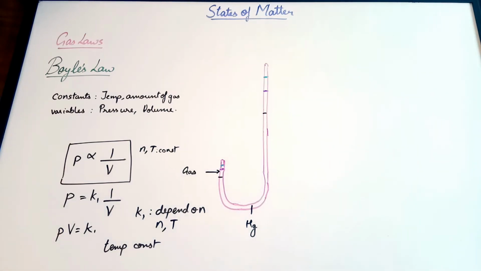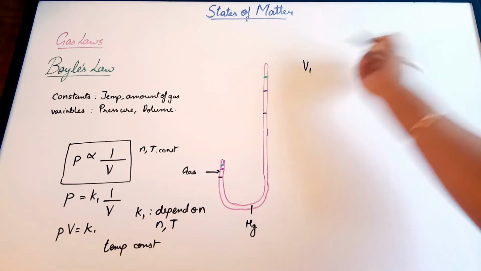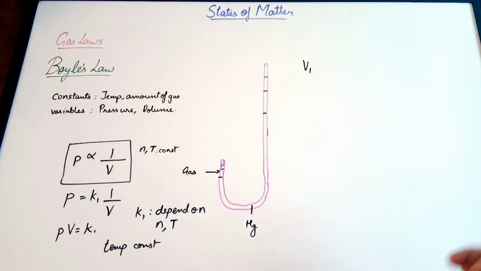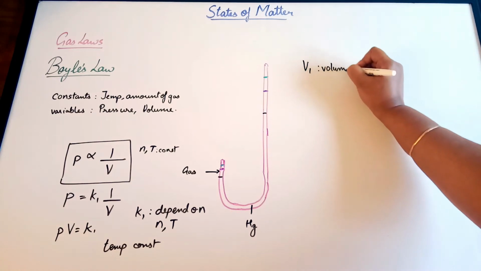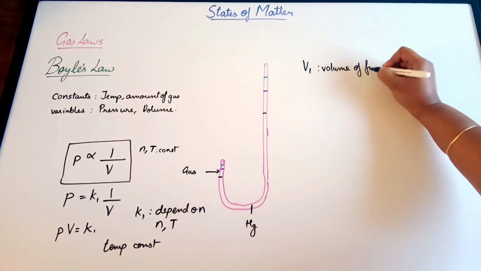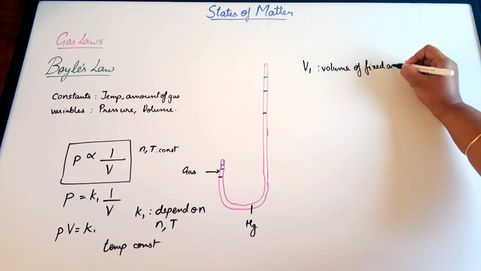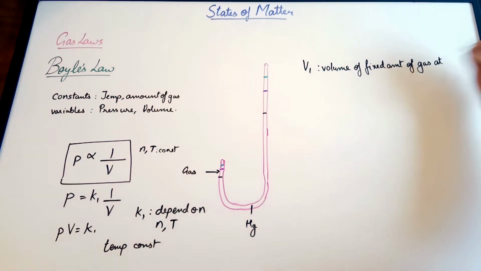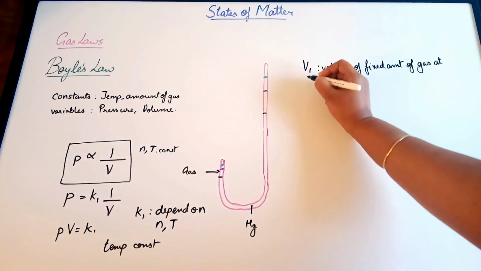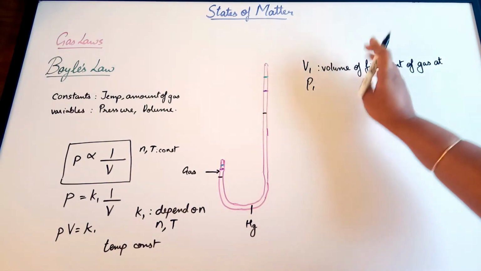First, we have a V1 of a particular amount of gas. Here, we will always talk in terms of a constant temperature as well as the same amount of gas. So V1 is the volume of a fixed amount of gas at pressure P1.